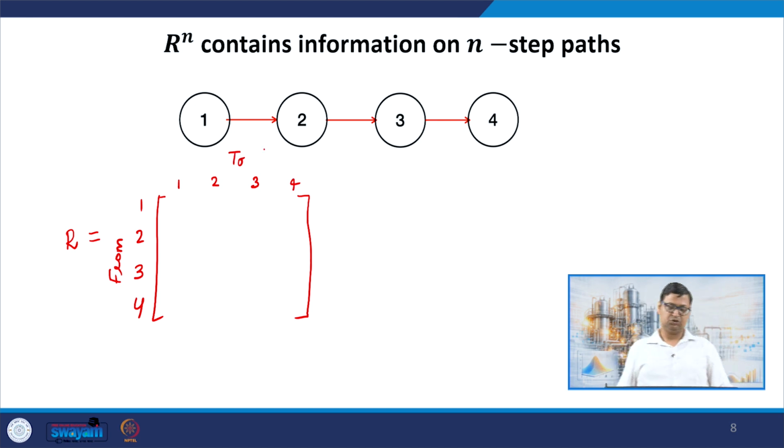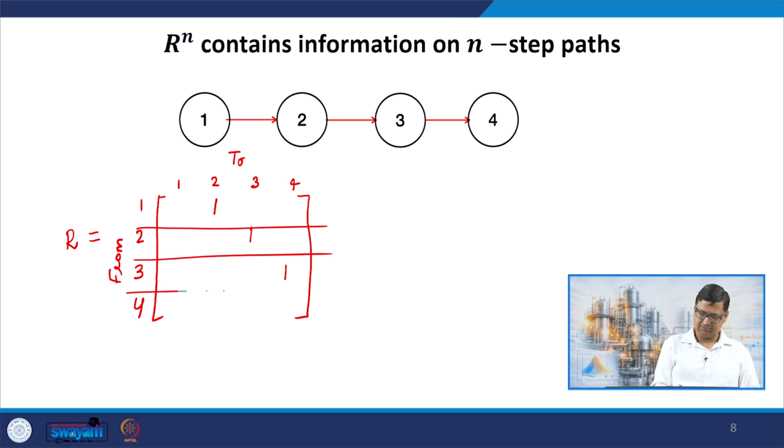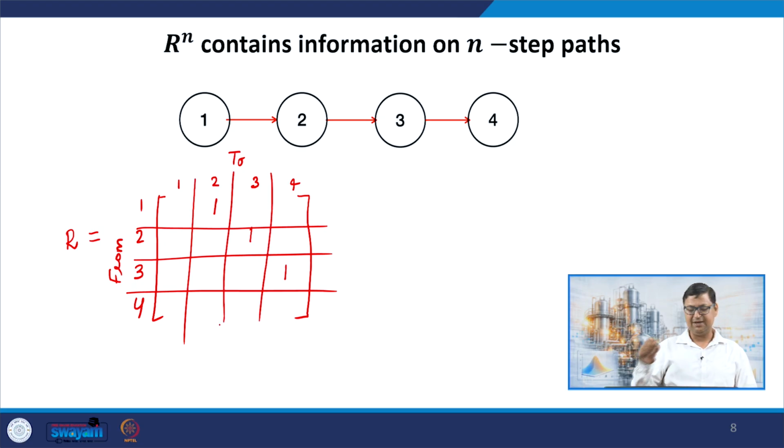So, 1 to 2 there is an edge, so I put a 1 there. 2 to 3 there is an edge, so I put a 1 there, and 3 to 4 there is an edge, so I put a 1 there, and all the other elements are 0. I do not bother to write 0 everywhere, right. So, this 4 by 4 matrix is my R matrix.